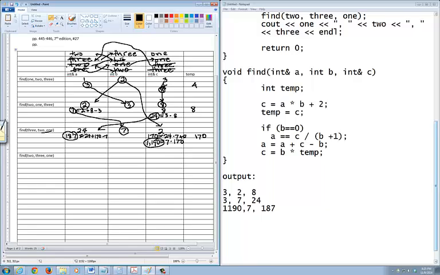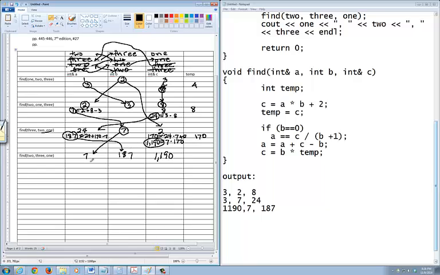So here is my 2. Look at this. Here's my 7, right? That's going to go over here as 7. That's going to go over here to my 187, and this remains as 1190.